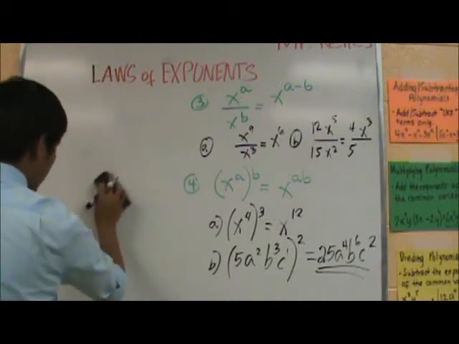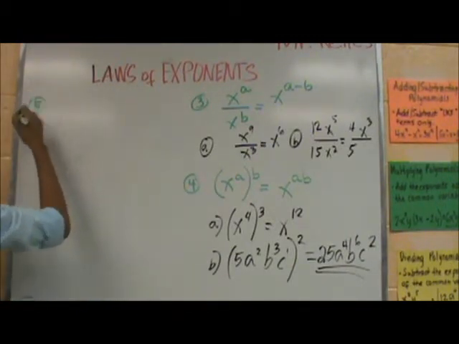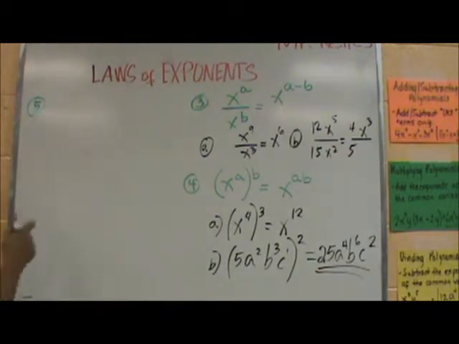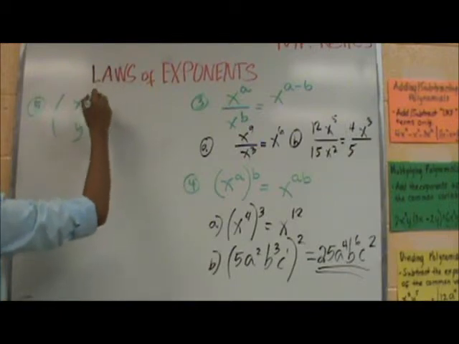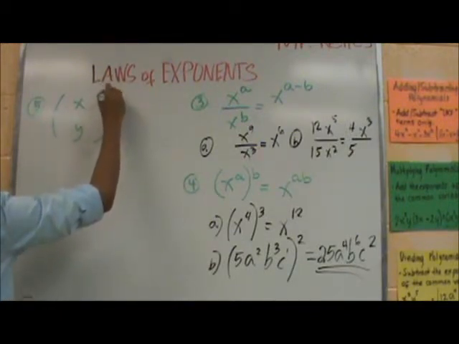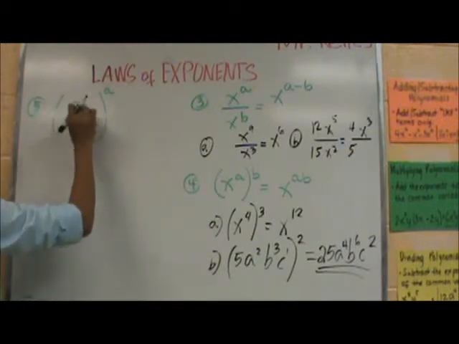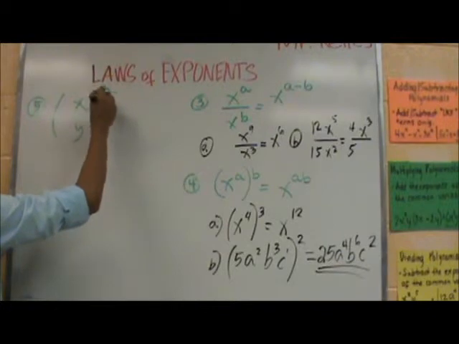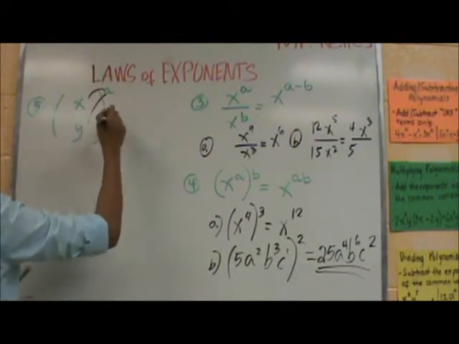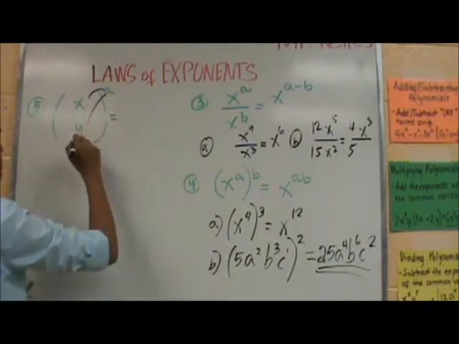Next will be number 5. How about if you have a fraction, say x over y, with an exponent a outside? Common sense: these two are inside parentheses, so all you have to do is distribute the exponent outside to x and y.